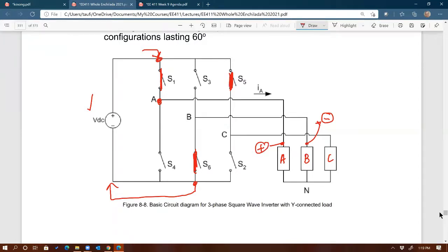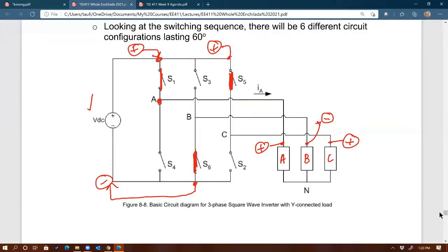C is S5. So you can see that C is connected to the plus VDC as well. So when 1, 5, and 6 are on, A is connected to the positive side of VDC, B is connected to the negative side of VDC, and C is connected to the positive side of VDC. Is that clear from this picture?